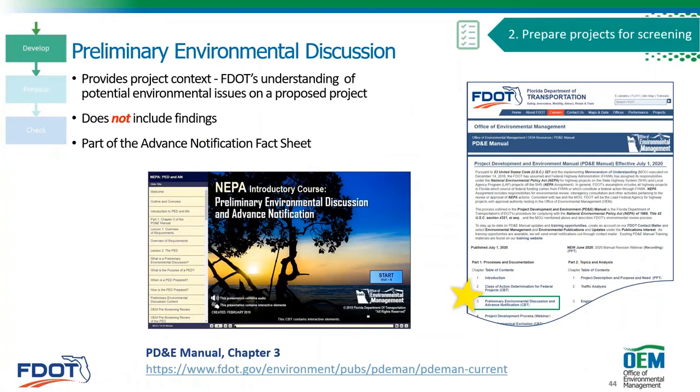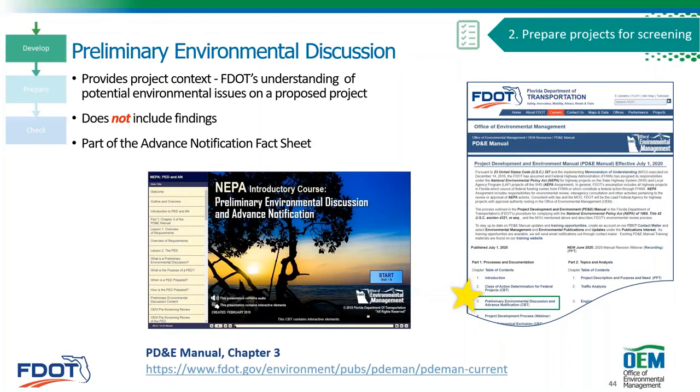As Pete mentioned, this provides a context, our understanding of the potential environmental issues. It's important to note that it does not include a finding, and it does become part of the advanced notification. There is a separate CBT I wanted to point out here that gives you a lot more instructions on developing the PED and the advanced notification.